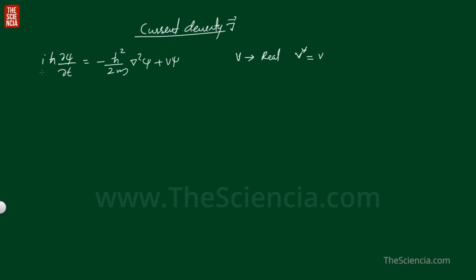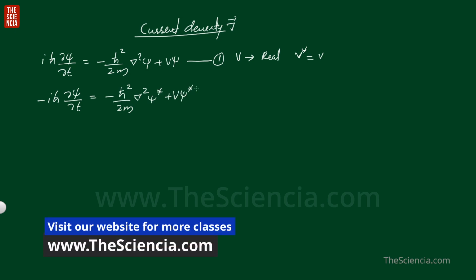Now I am going to take the conjugate of equation 1, that is minus i h cross dou psi star by dou t is equal to minus h cross square by 2m del square psi star plus V psi star.